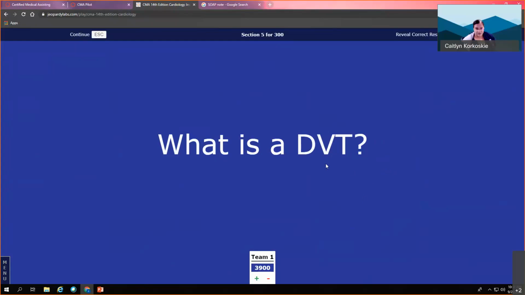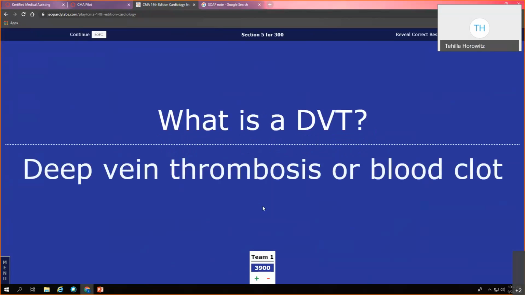Was it like the clotting thing in the leg? Deep vein thrombosis. Yes.